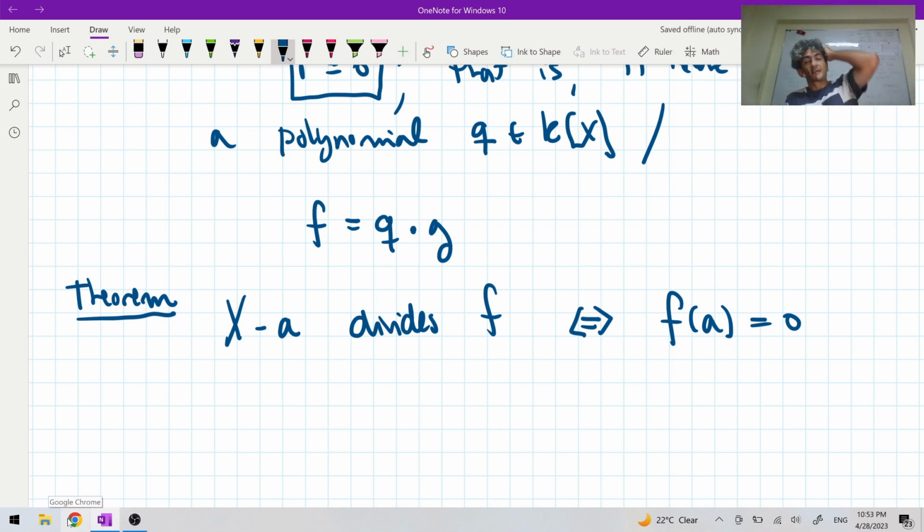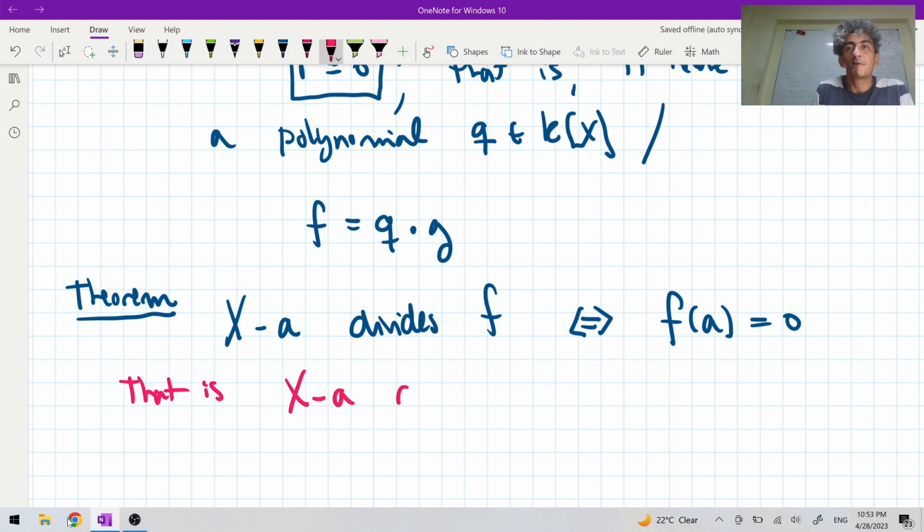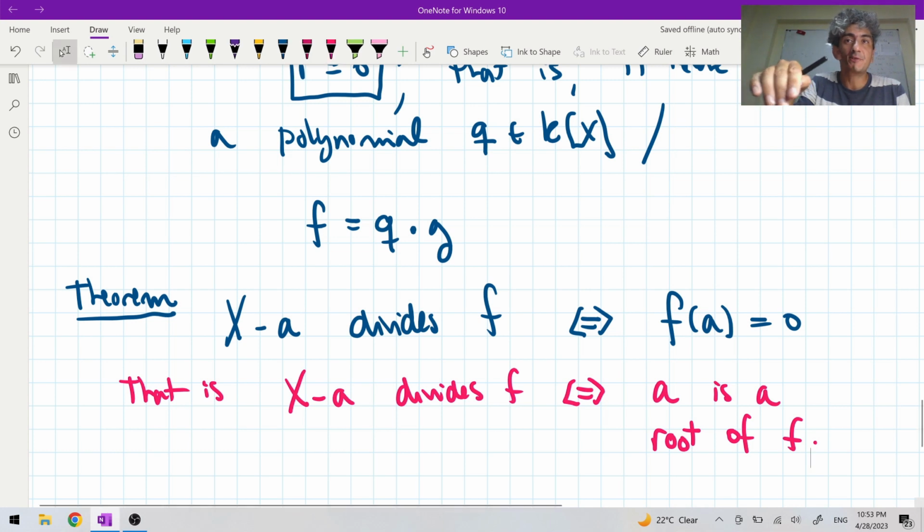Polynomial x minus a divides f if and only if f of a equals 0. That is, x minus a divides f if and only if a is a root of f. And this is a very important theorem because it relates roots of a polynomial to factors of a polynomial. Okay, and this is very easy to prove.